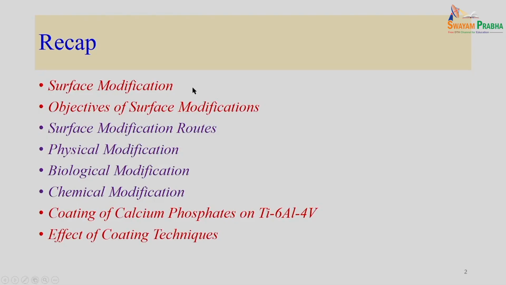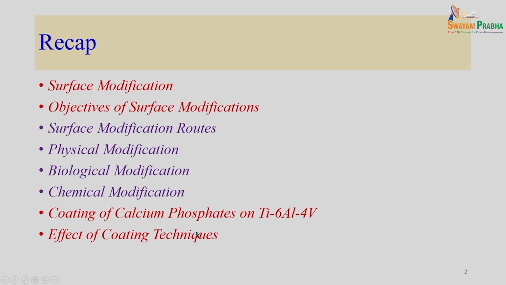So, we will quickly summarize the last module. In the last module, we discussed what surface modification is, and what the objectives are to tune different surface properties. Then we discussed different surface modification routes, particularly the physical methods, biological methods and the chemical methods.